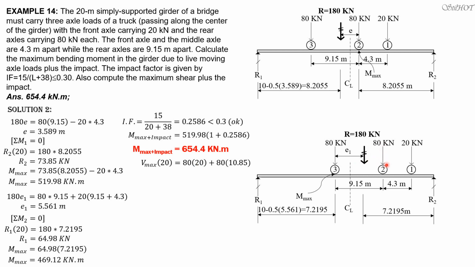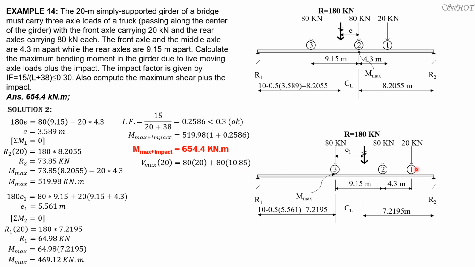Then plus 80, this 80 here, its distance from the right is 20 minus 9.15 because load 3 is here. So load 2 would be here. The distance of load 2 from R1 is 9.15. So its distance from R2 is 20 minus 9.15, so 10.85.